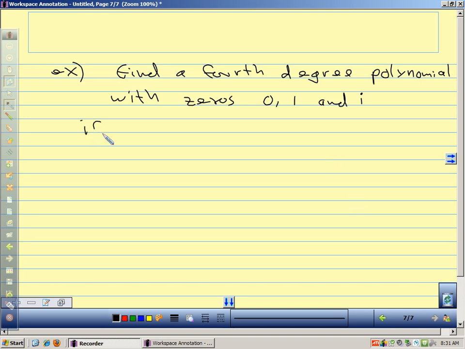If i is a solution, and we know that our solutions occur in conjugate pairs, then negative i is a solution also. And our zeros give us our factors.